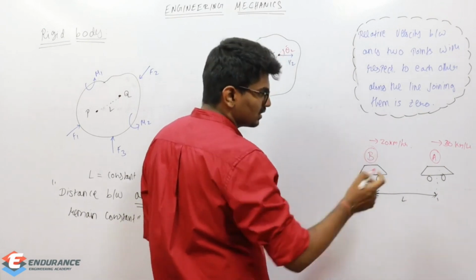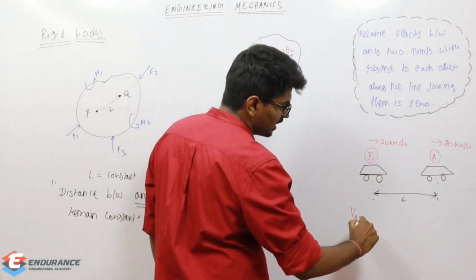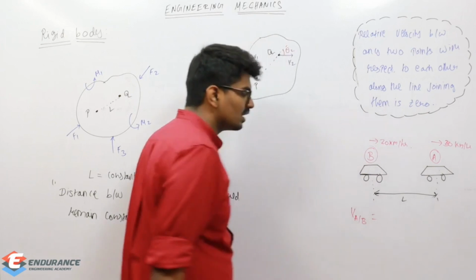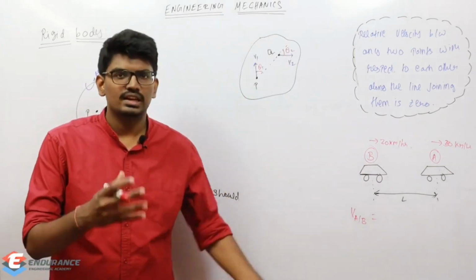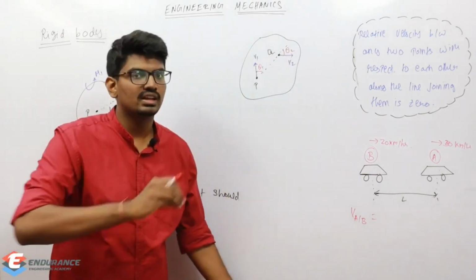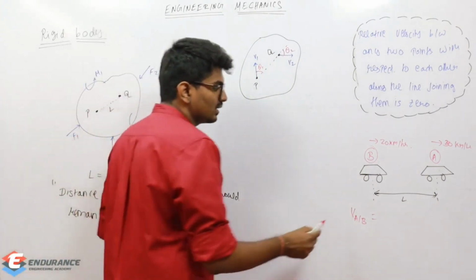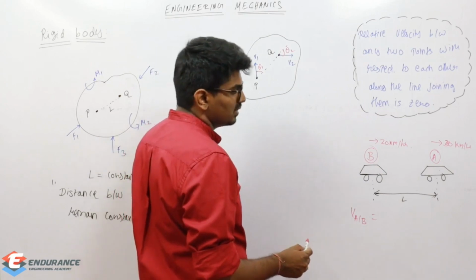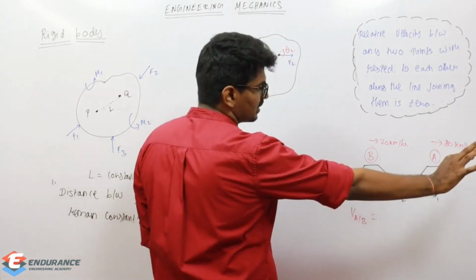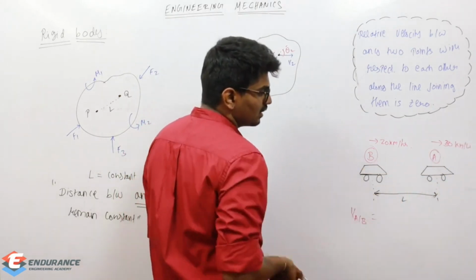If you take relative velocity, for example in this case velocity of A with respect to B, I will talk about relative velocity, relative motion a bit more when we enter into rest and motion. As of now you understand this. So the relative velocity of A with respect to B: A is traveling at 30 km per hour and B is traveling at 20 km per hour.